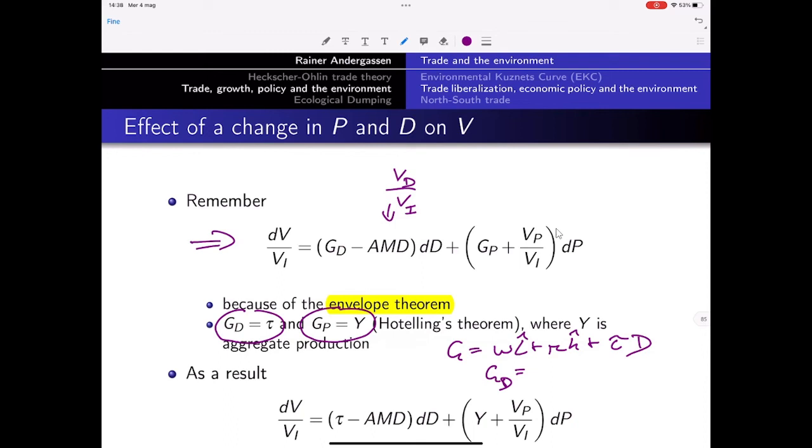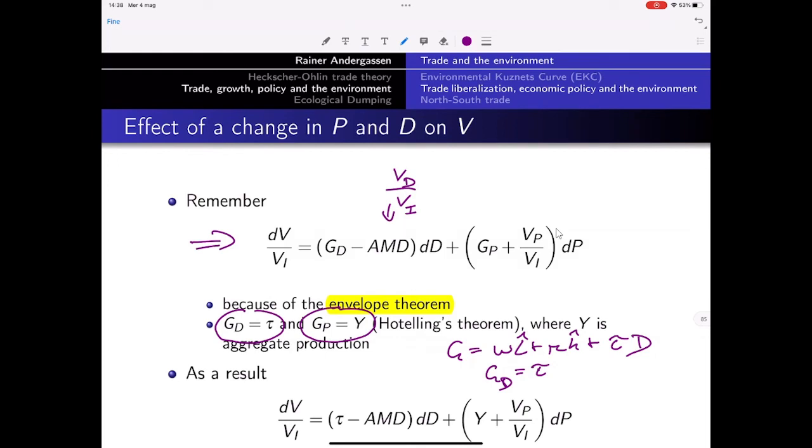So the only first order effect is the direct effect here. That's how I get that this is equal to tau. Is it clear? Because these here are maximizing, remember, my G choosing L and K. That's why these effects disappear, and I have only the direct effect. The same happens also for G_P.